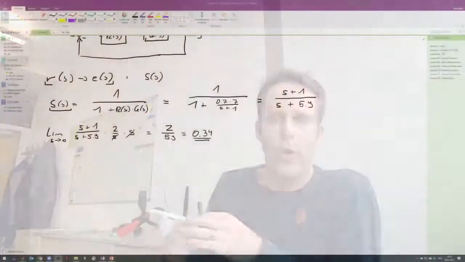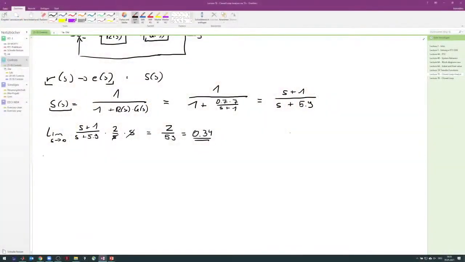We are just taking a look at a different transfer function. So we have our system again, 0.7 over s plus 1, which creates an output.